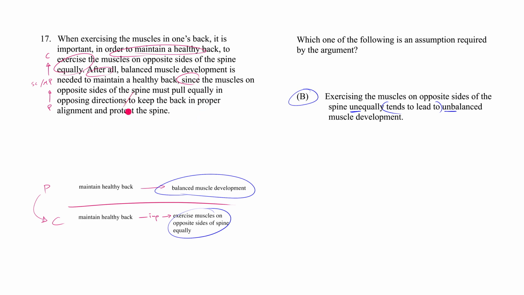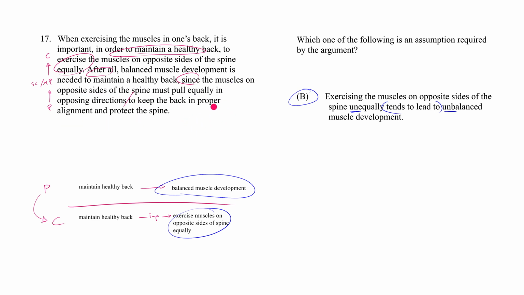There are two ideas here, laid out in a sufficiency-necessity kind of way. One idea is sufficient for the other, and the other idea is necessary for the first. What are the two ideas? One idea is muscles on opposite sides of the spine pulling equally in opposing directions. What's the other idea? Keeping the back in proper alignment and protecting the spine.